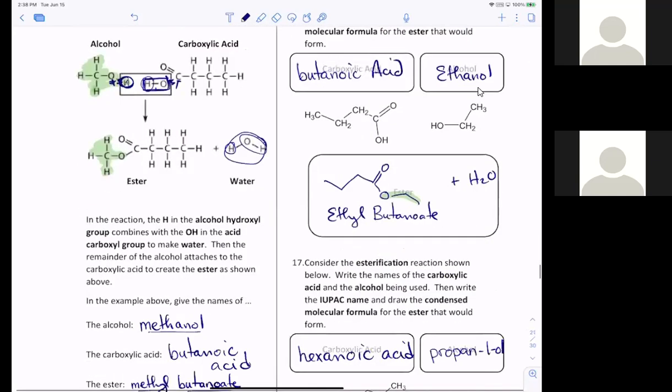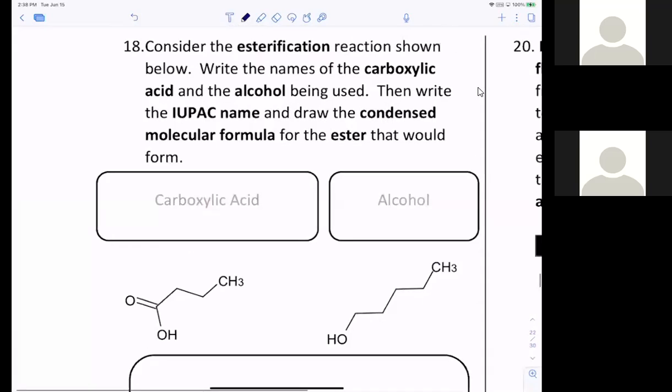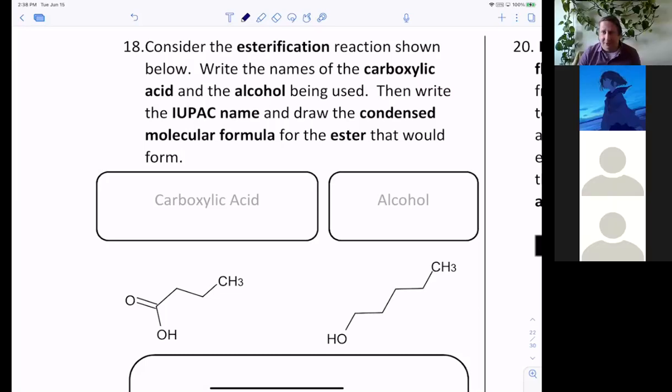Esters. Let's go down to number 18. Give the names of the acid and the alcohol, draw the ester, and then name it.